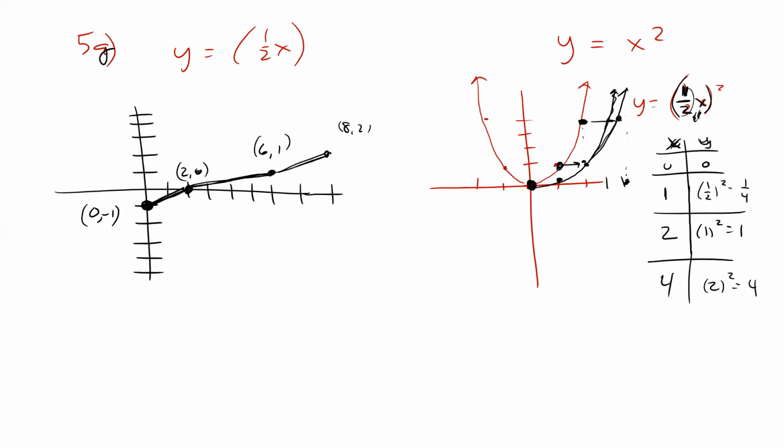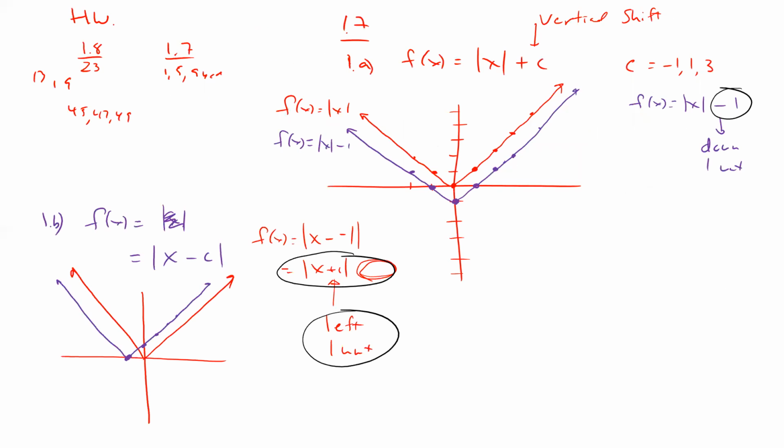Okay, jump to this. 1.8 is where we're at. So 13, 19, 23 is the first type, right? Evaluate the function. And then 40, let me take a look at these here. 43, no, 45, 45, 47, 49, and those are a little bit different.